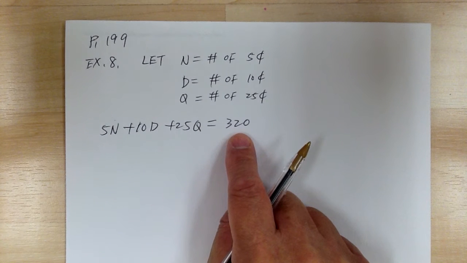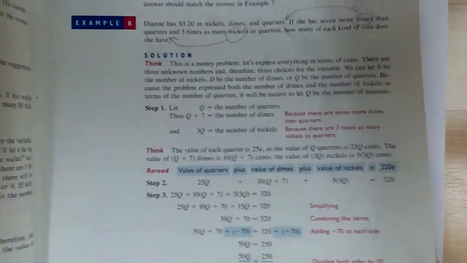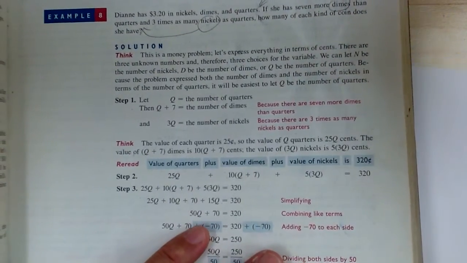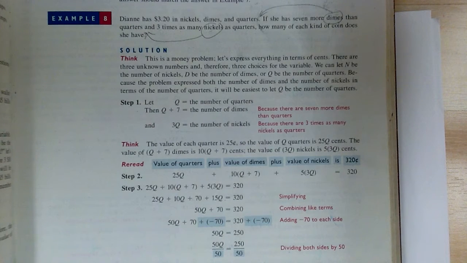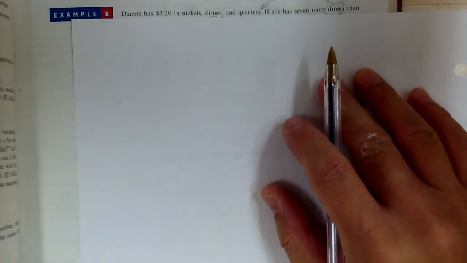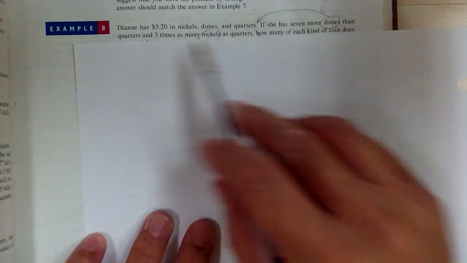The next part you need to do is translate the next part. When you translate, again, you have to write down exactly what it says. So look at the next sentence. If she has 7 more dimes than quarters.